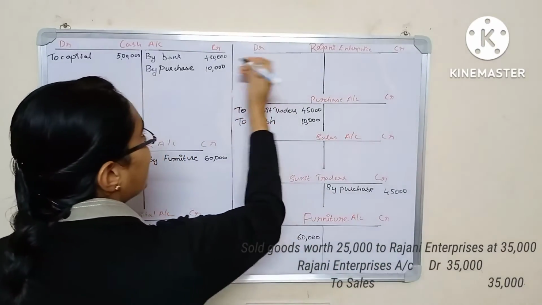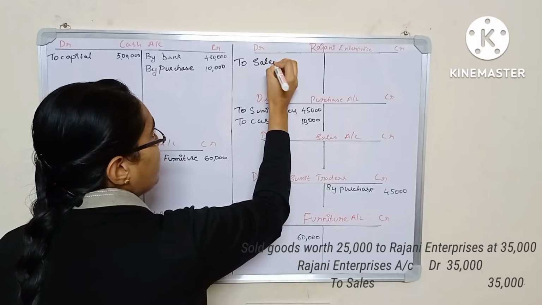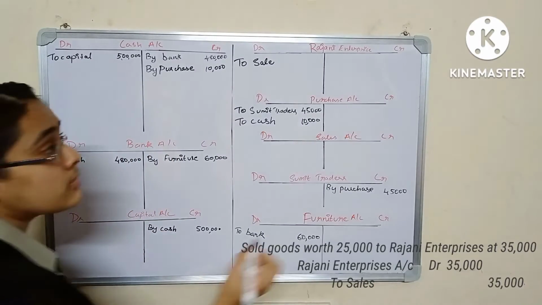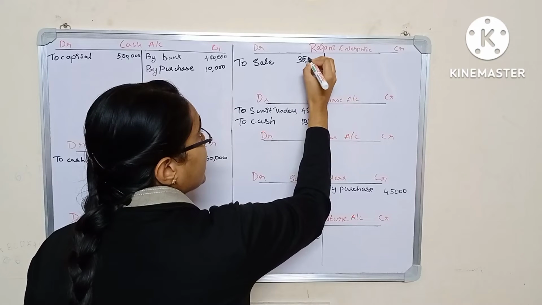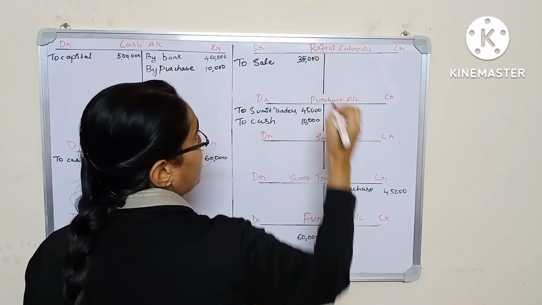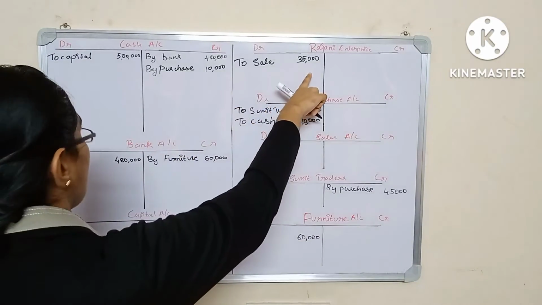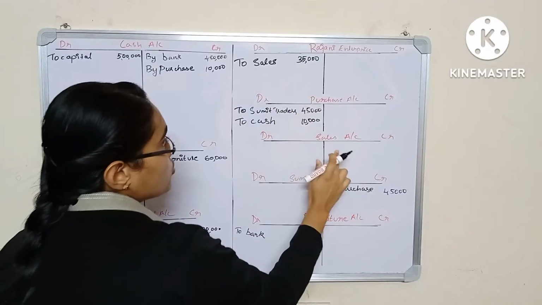So you will go to the debit side and you will write to sales. You have made a sale with them. So how much is the amount? 35,000. You should not take the cost price. You should always take the selling price. So you have written here 35,000. What is the other aspect? Sales, right? So you will go to sales account.